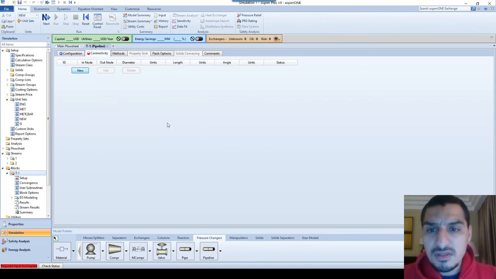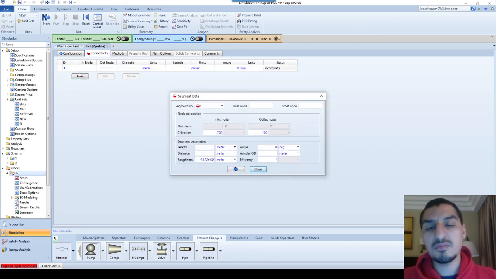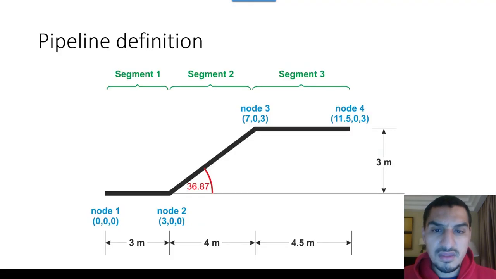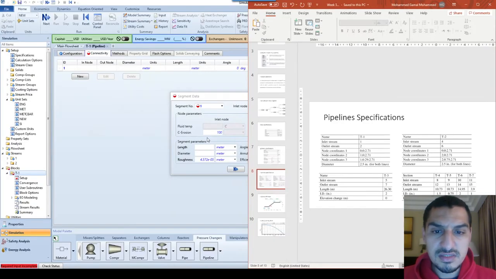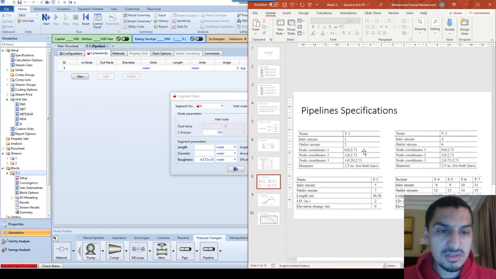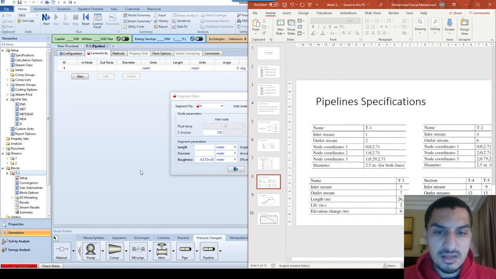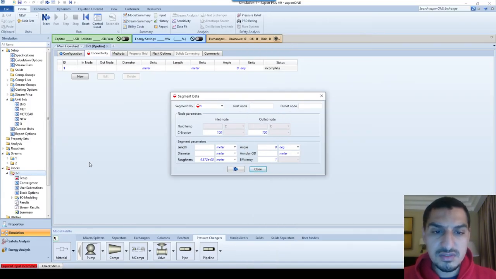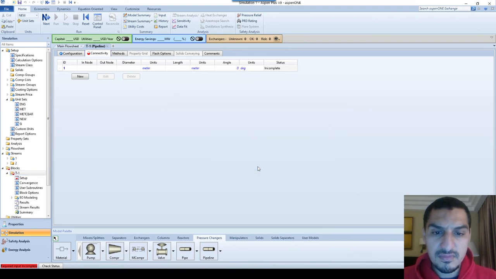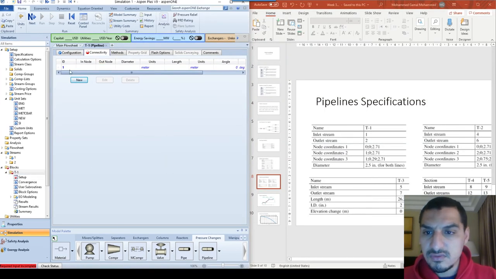And here comes the point of the connectivity, and here we are gonna define the pipeline. The information that we have is, I think we can put them side by side so you can see easily what the conditions are. Let's try to fit them together.